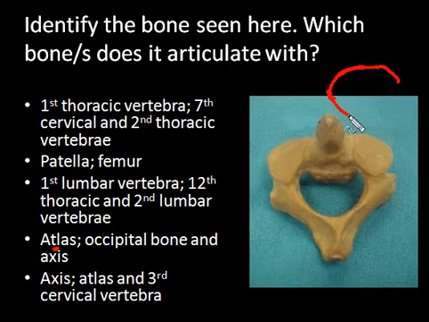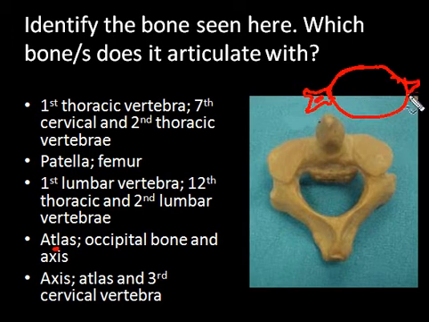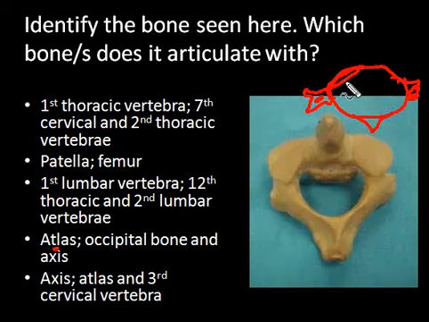It has a huge ring like this, and then you have the transverse process with the foramen transversarium and a little tubercle, and then it has condyles here where it will articulate with the occipital bone above, and below also there'll be condyles to articulate with the second cervical vertebra. So this is not ring shaped, hence it's not the atlas.